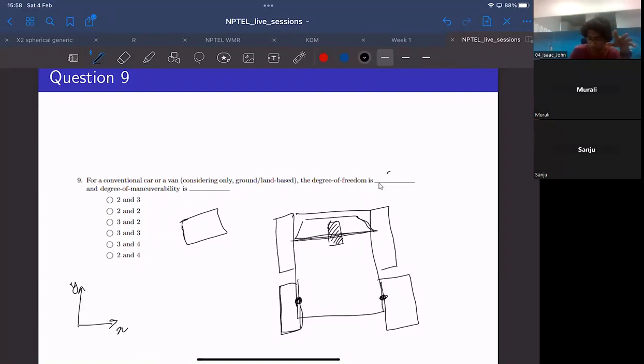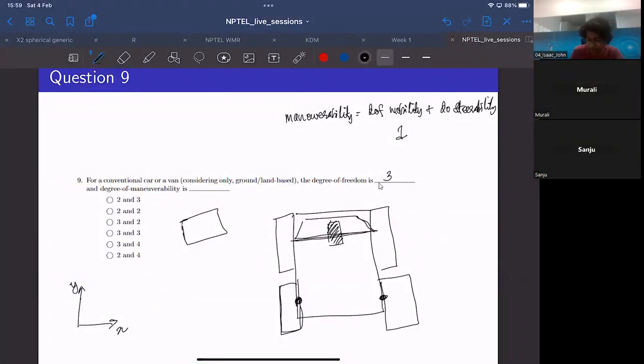We would require 3 such inputs. And in the case of maneuverability, what is maneuverability? As I have explained earlier, maneuverability is the sum of degree of mobility plus degree of steerability. Degree of mobility is 1 because you only have 1 input that directly manipulates the wheel velocity.